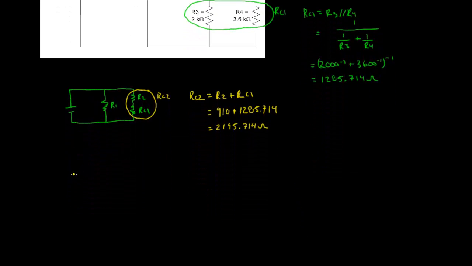So let's draw our new circuit. We still have IT. We still have R1. And R1 is now in parallel with RC2.